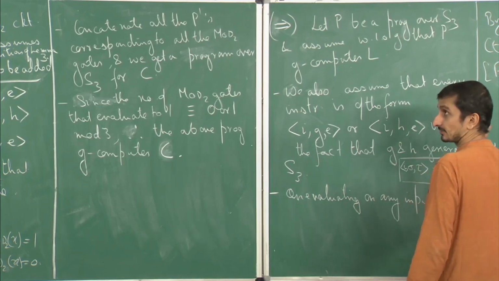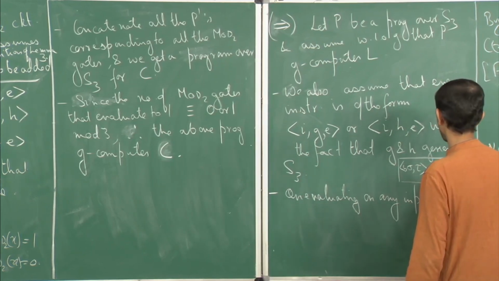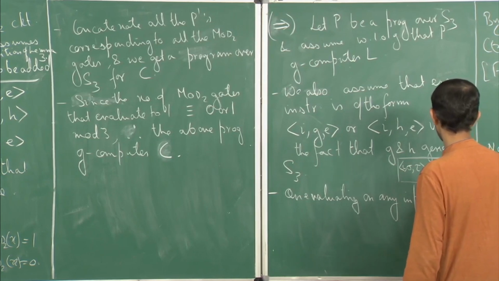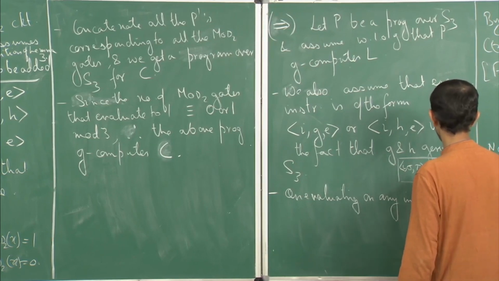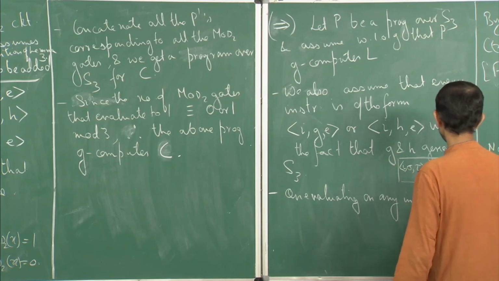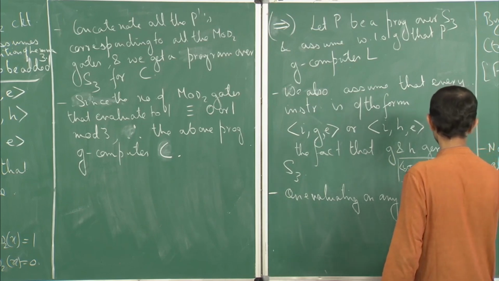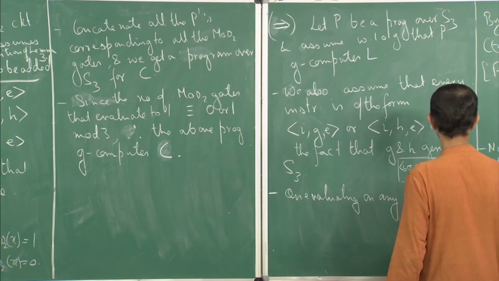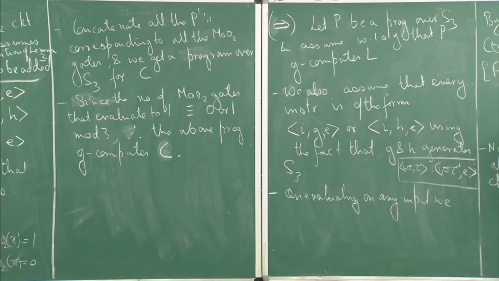So, I just add the instruction, I mean I just multiply this with (i, tau inverse, tau inverse). So, basically I get something like (i, sigma tau inverse, identity), right.